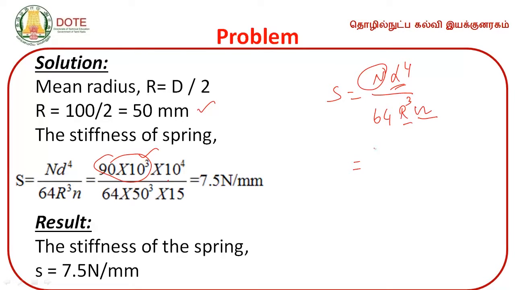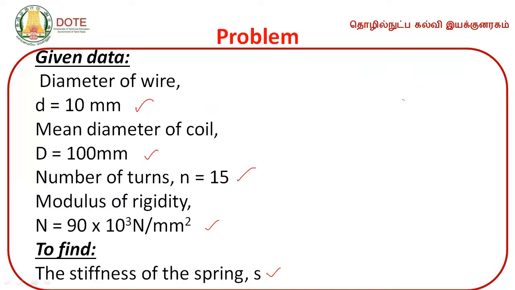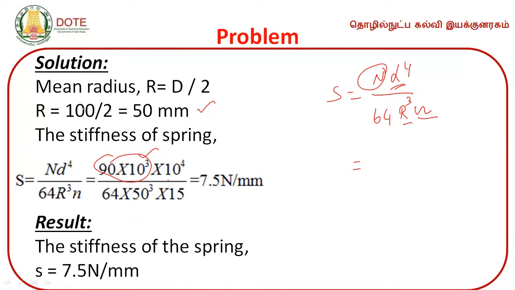Now we are going to determine the stiffness of the spring S using the formula S is equal to N d to the power 4 divided by 64 R cube n. What is d? d is the diameter of the wire. It is going to be 10 mm. So 10 to the power 4. Then 64 is a numerical value. What is the value of R?